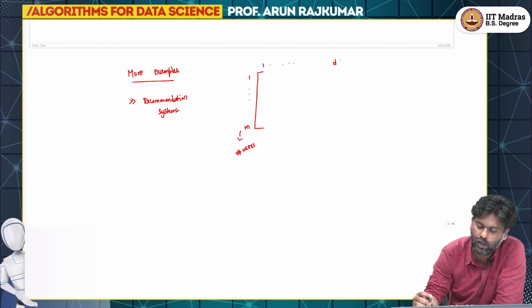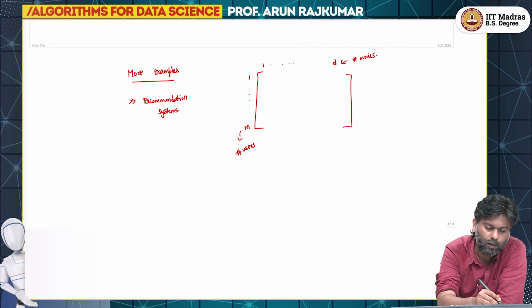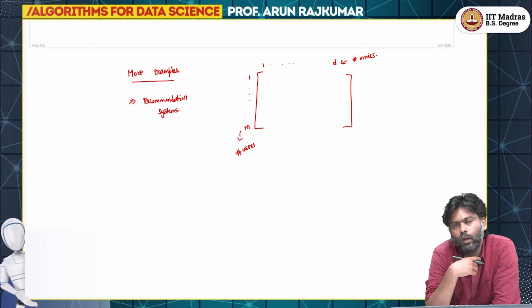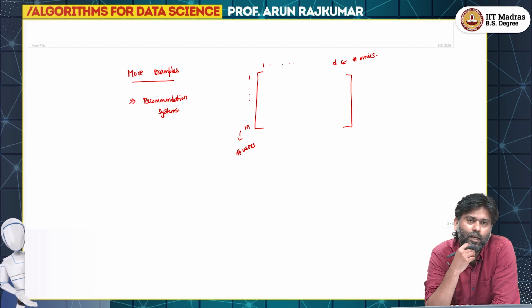So you have D movies, D is the number of movies. As a platform, you would want to recommend movies to users, and you have to do this recommendation based on some knowledge of which users like what type of movies.